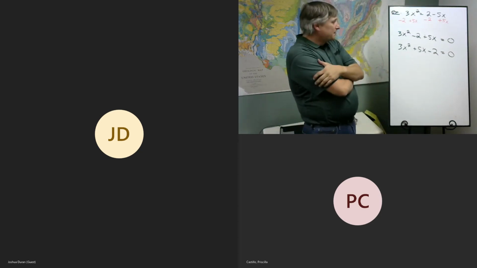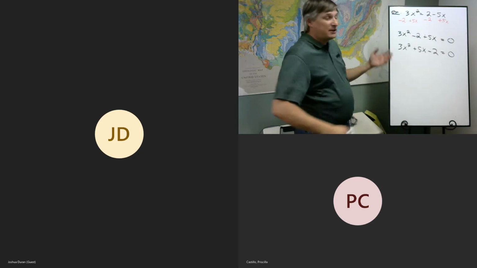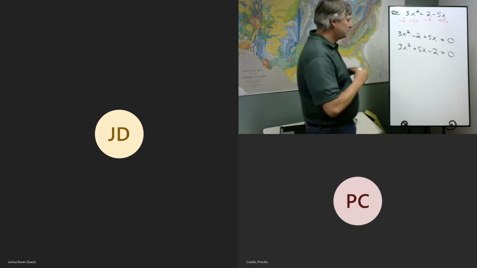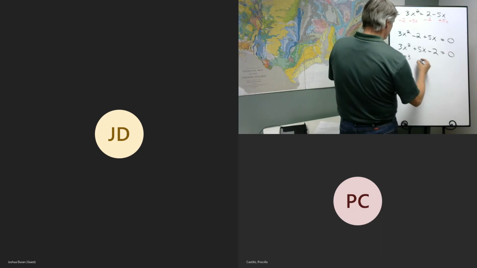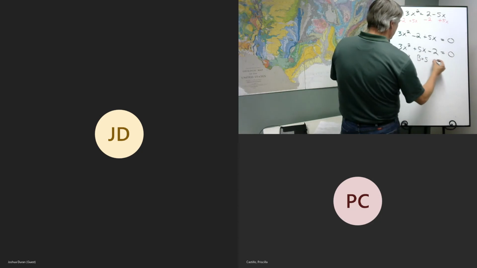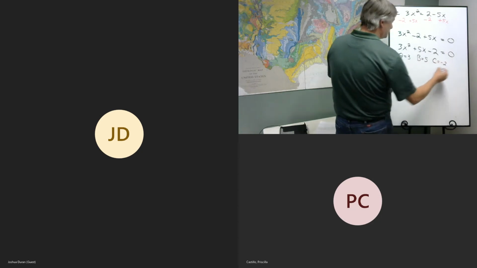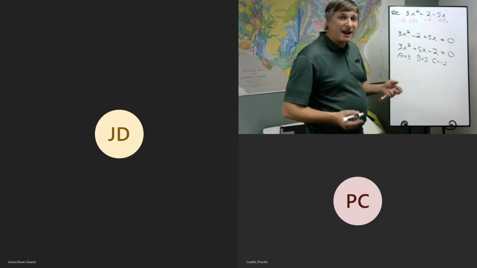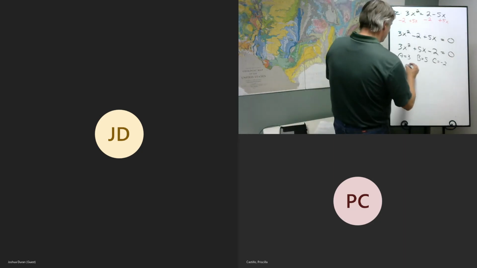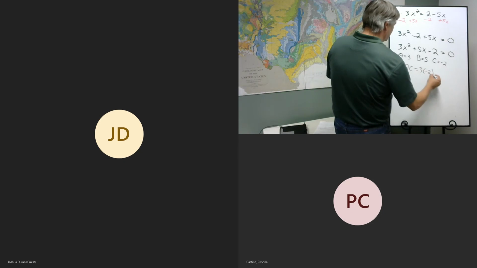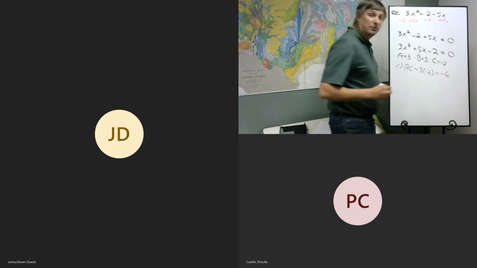So what can we do here? Well, this is an AC method. So we have our A is 3, B is 5, C is -2. So we're going to factor this. Now, factoring for the AC method, A times C is 3 times -2, or -6.